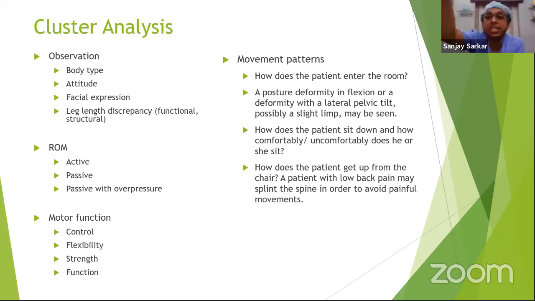Maybe the task is to grab a bottle on a higher shelf, or reach forward. So any function that is difficult for the patient to do in activities of daily living should come under function for you to test, so that you know exactly what is happening in the back for today's webinar. And you can certainly do it for any joint and check if there are any functional issues going on or not.